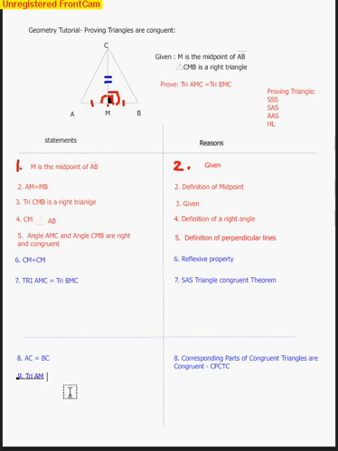So triangle AMC and triangle BMC are isosceles. And the reason why? Because that's the definition. The definition of being isosceles is that two sides are congruent.